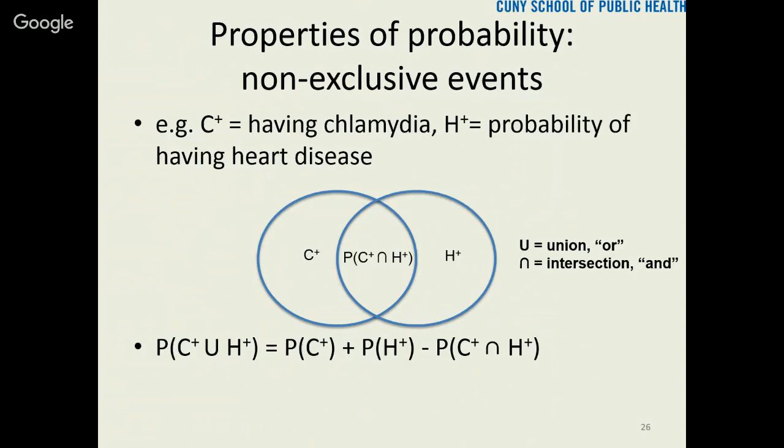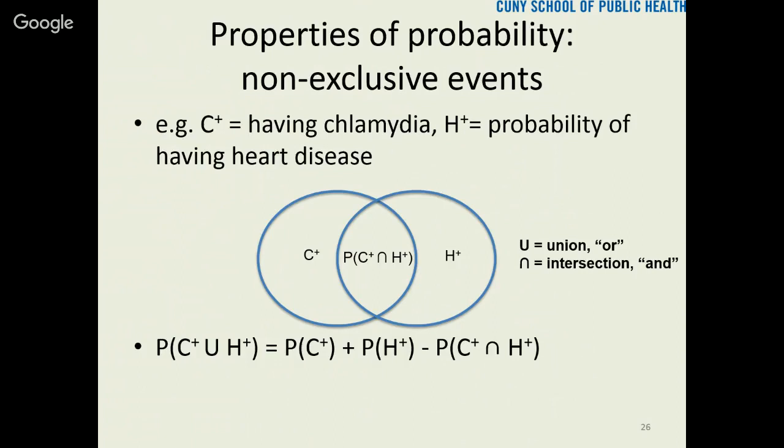So your probability of having chlamydia or heart disease is your probability of each of them individually minus the probability of having both, so that you're not counting those cases that have both twice.